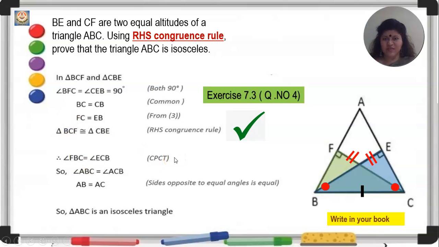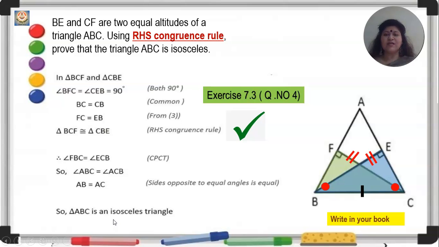So, because of CPCT, angle B is congruent to angle C. And you know that in triangle ABC, if angle B is congruent to angle C, then AC becomes congruent to AB because they're the sides opposite to equal angles. And if two sides are equal, the triangle becomes an isosceles triangle.